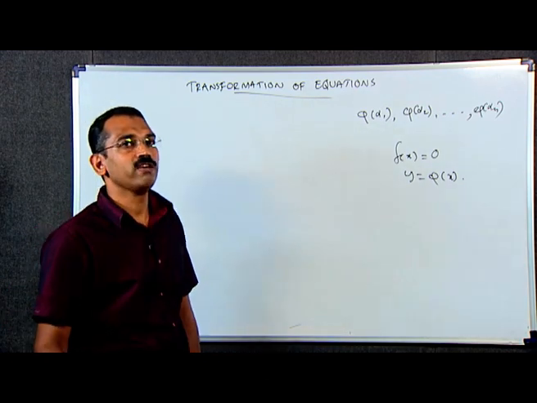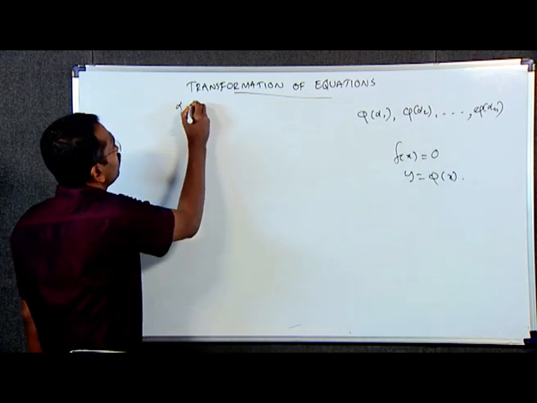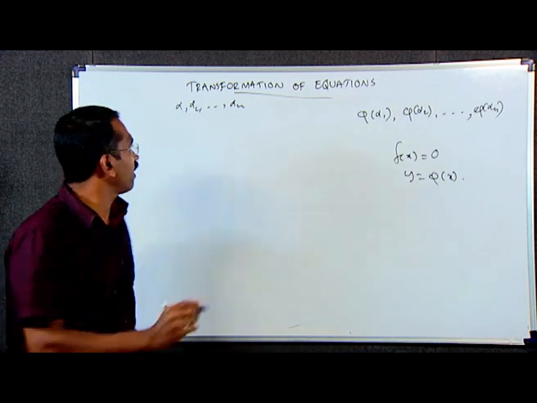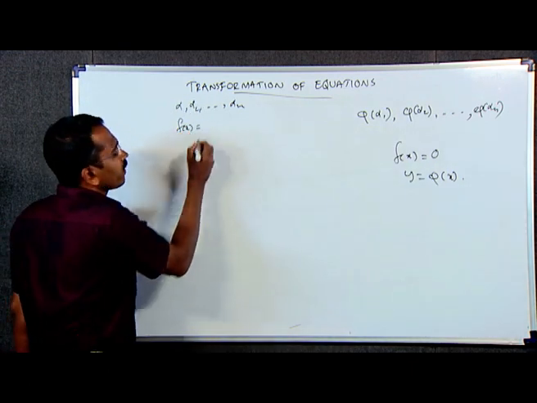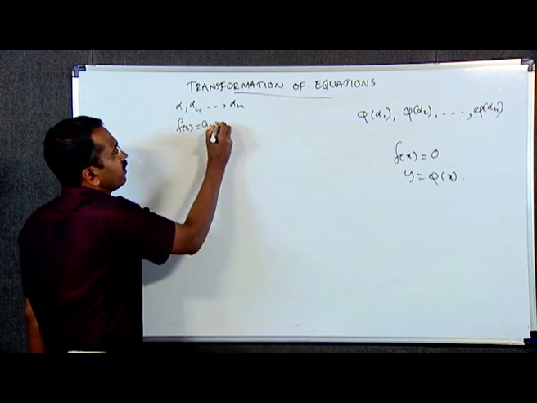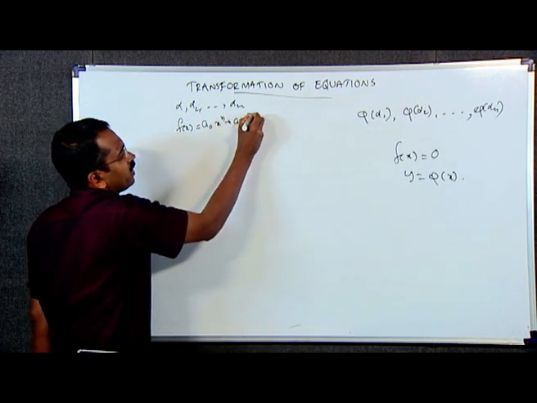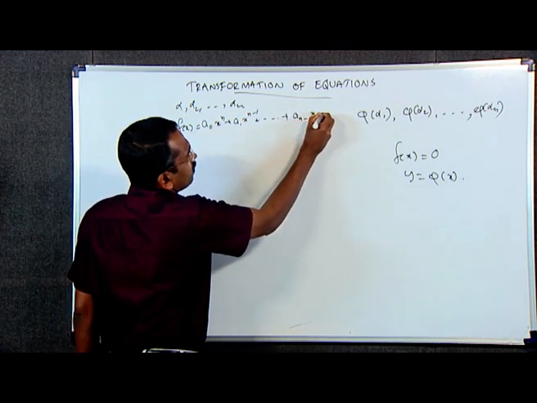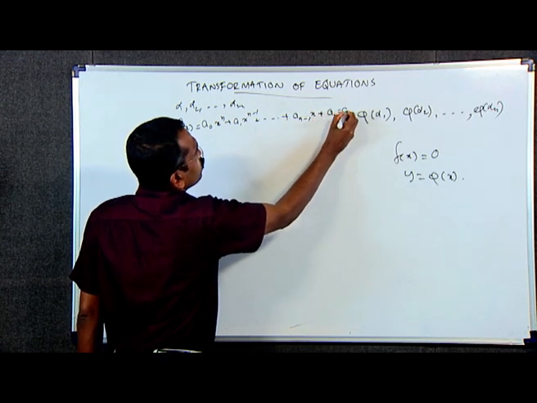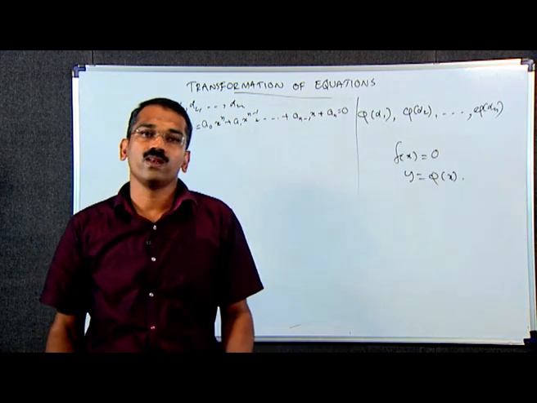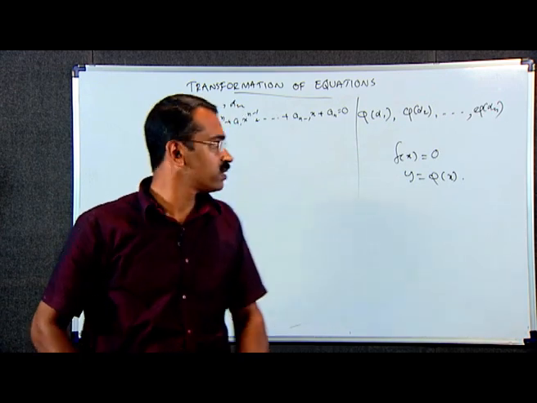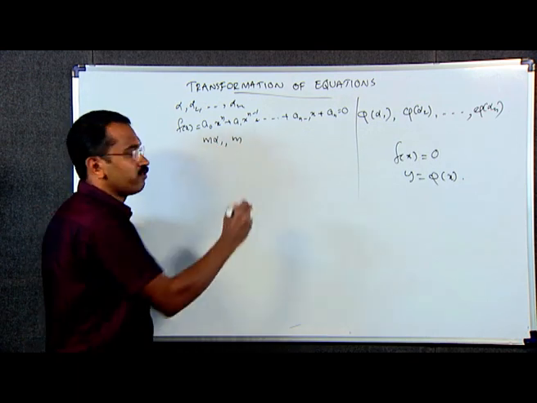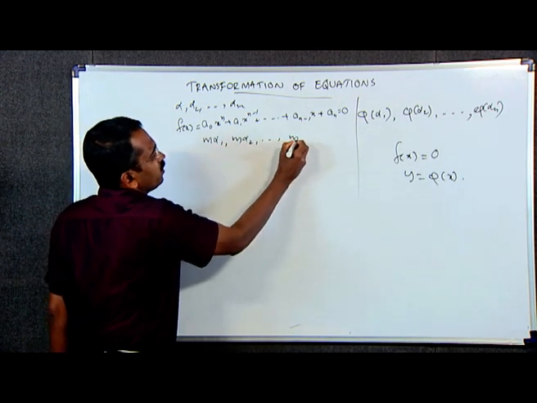First one is, if alpha 1, alpha 2, etc., alpha n are the n roots of the equation f of x is equal to a naught x raised to n plus a1 x raised to n minus 1 plus etc. plus a n minus 1 x plus a n is equal to 0. Let us find the equation whose roots are m into alpha 1, m into alpha 2, etc., m into alpha n.